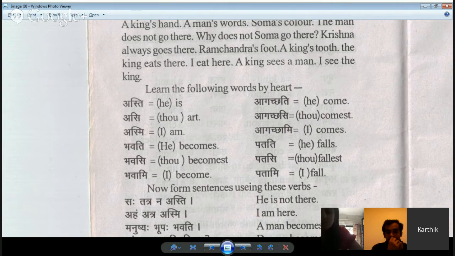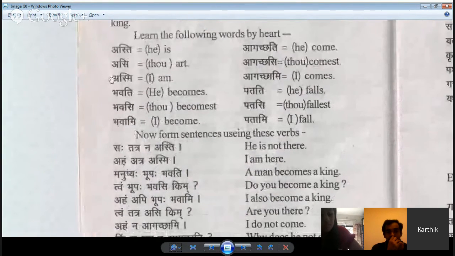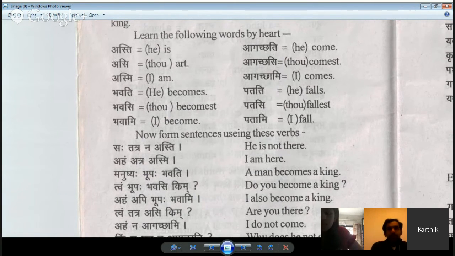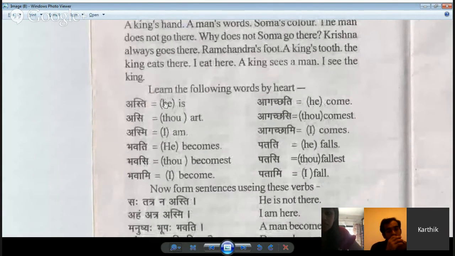Now we are seeing some new verbs here. We already saw some verbs like Gachati, Gachasi, Gachami. Like that you have Asti, Asi, Asmi. This verb is irregular, but here these forms are not as irregular as they will be in some other tenses maybe. So here they are very similar. Just like you have Gachati, you have Asti. Gachasi, Asi.